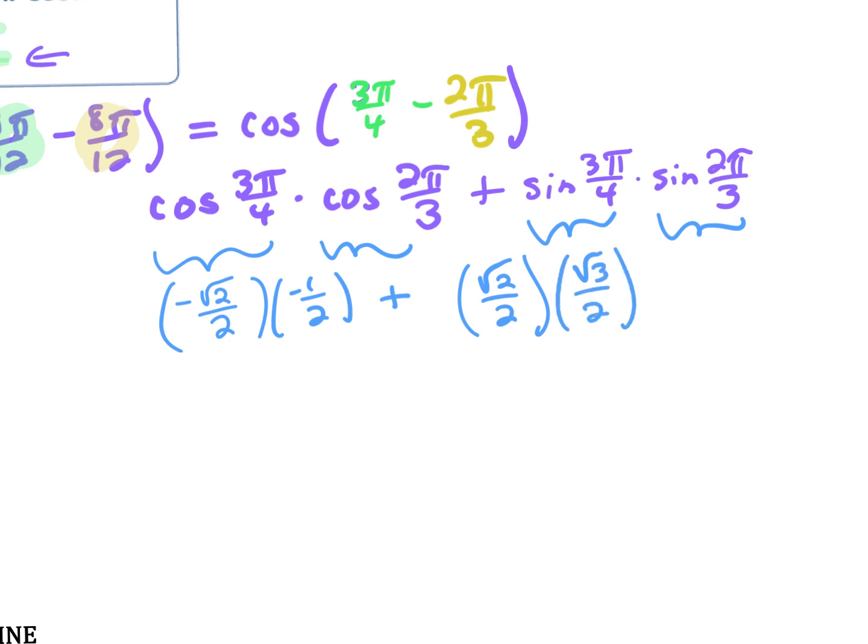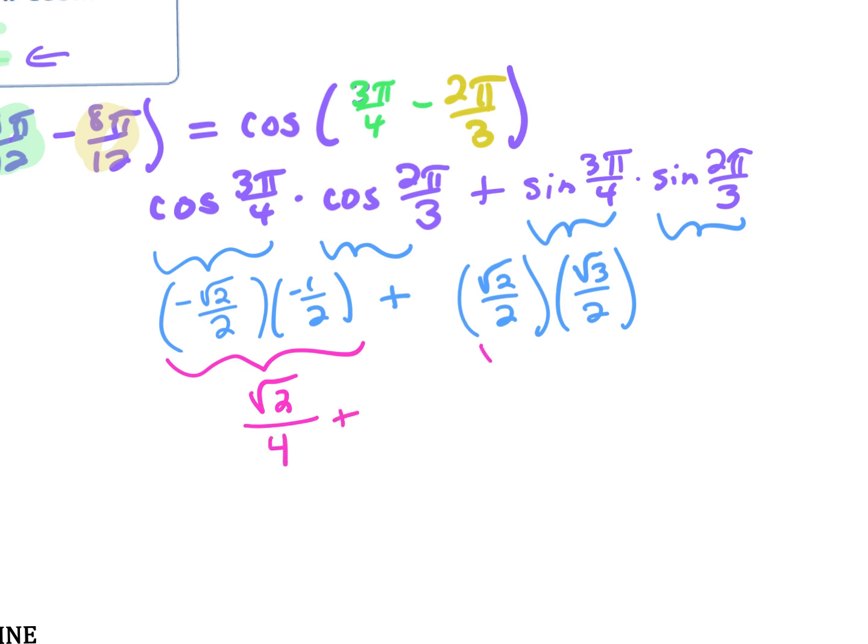Beautiful. All right, we've got to clean this up, right? We have these fractions that are getting multiplied, so we need to clean this up. So this, when we clean that up, gives us a negative times a negative gives us a positive. And in the denominator, we're multiplying 2 times 2, so we get 4.